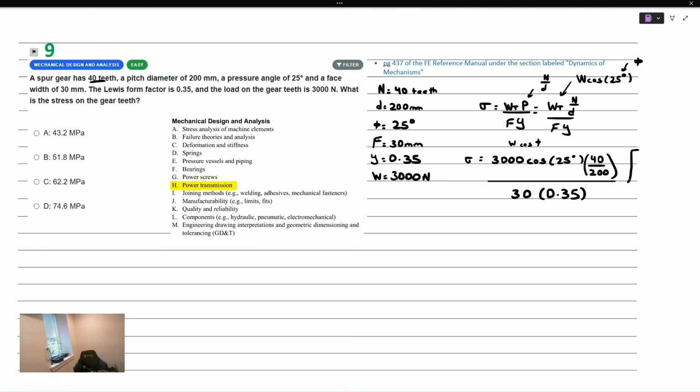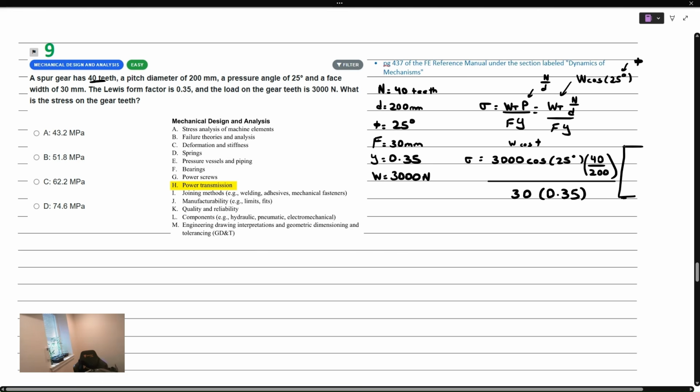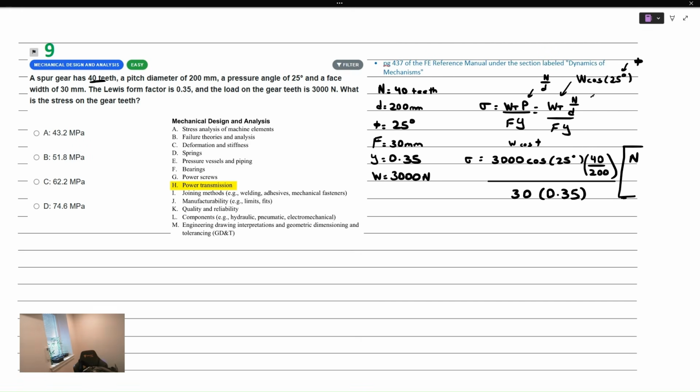If we look at some of the units here, that 3,000 was measured in newtons. The ratio of the number of teeth to the pitch diameter is measured in 1 over millimeters. That is divided by the face width, which is in millimeters, so this is Newton per millimeter squared.